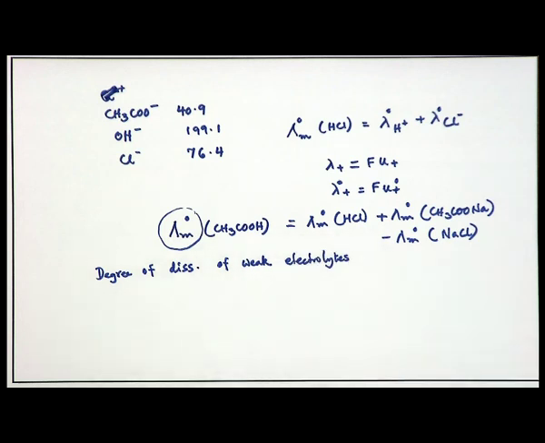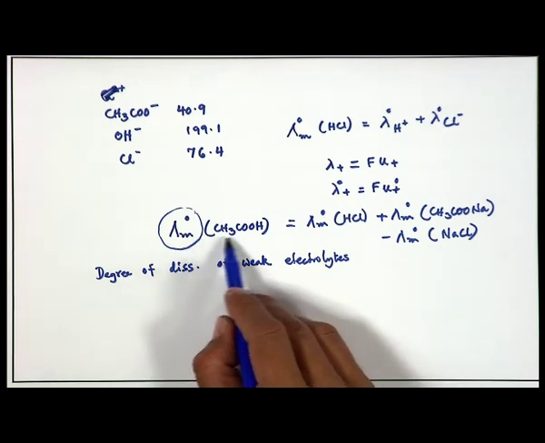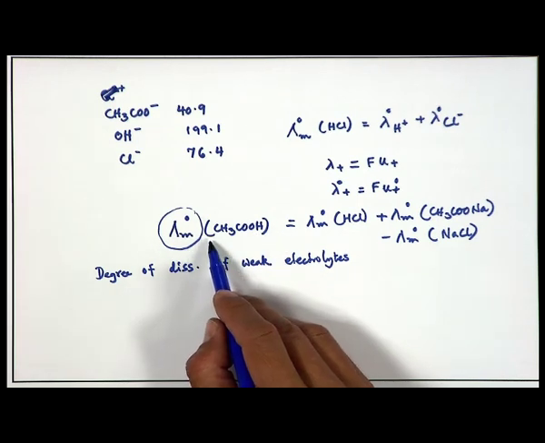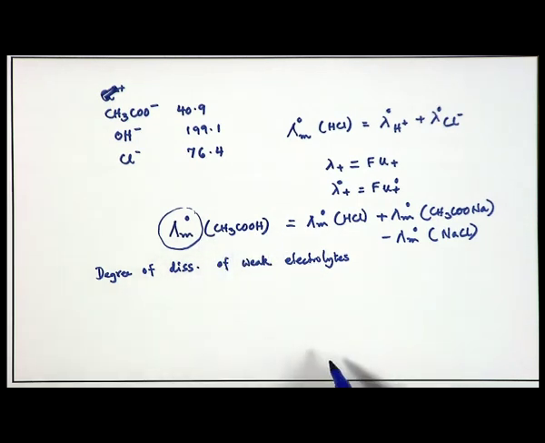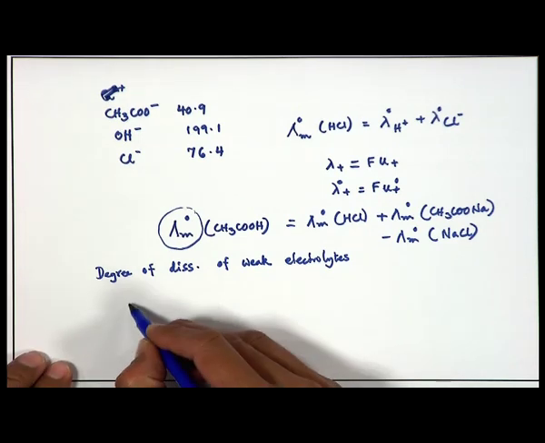As I mentioned to you, the molar conductance of a weak electrolyte follows a nonlinear trend because of the variation of degree of dissociation. With dilution the percentage of the undissociated acid or electrolyte will change, and as a result the amount of ions will increase, and as the amount of ions increases, it adds to the conductance of the medium, and therefore lambda m increases.